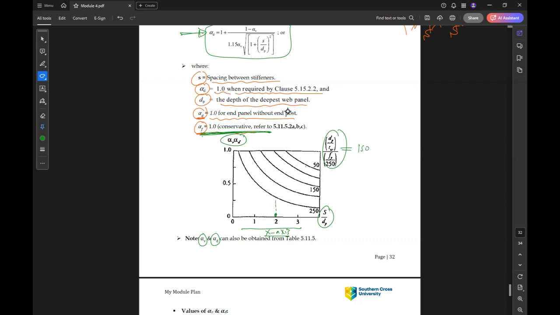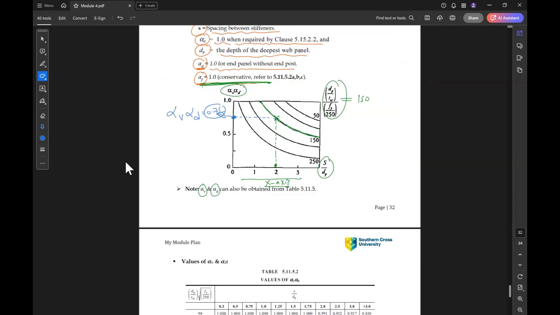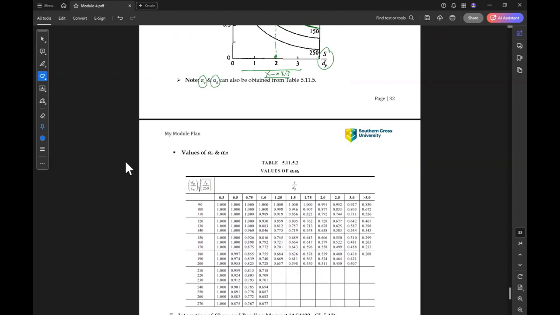If we go up until we reach 150 here, this is the value. If we go horizontally, this will be our value of lambda V lambda D equal to 0.75, for example.